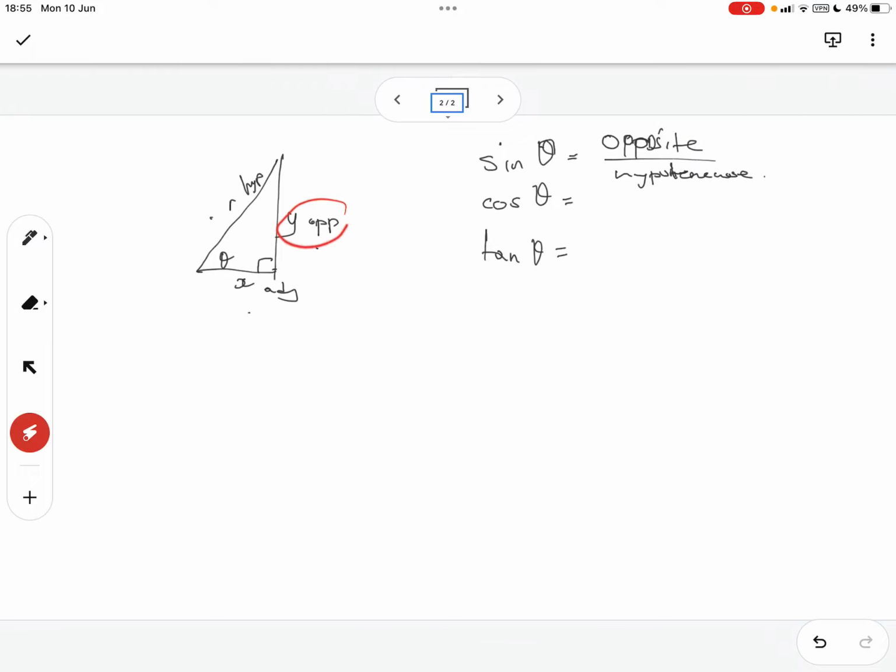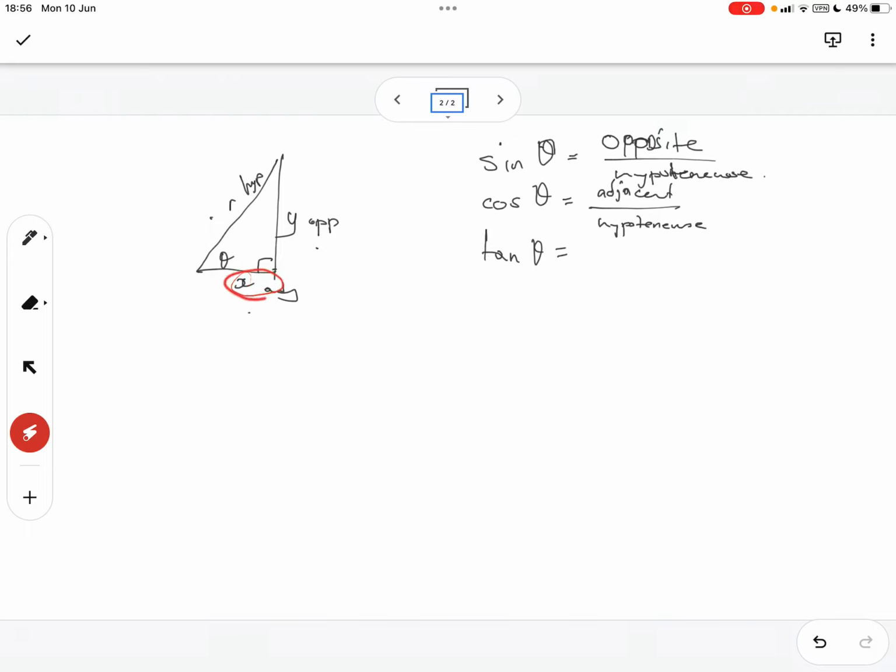Sine is the opposite side over the hypotenuse. This trigonometric ratio refers to the side that is opposite the angle, and then we divide that side length by the hypotenuse.